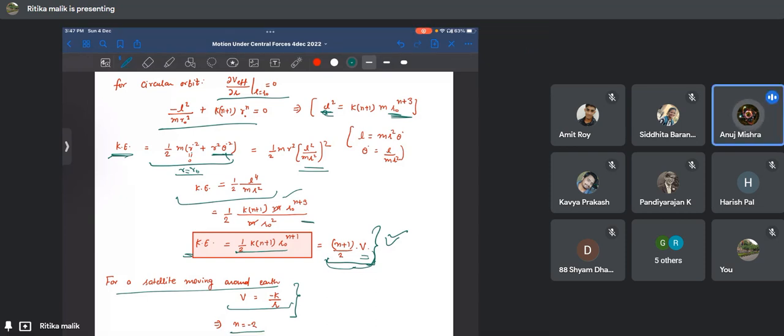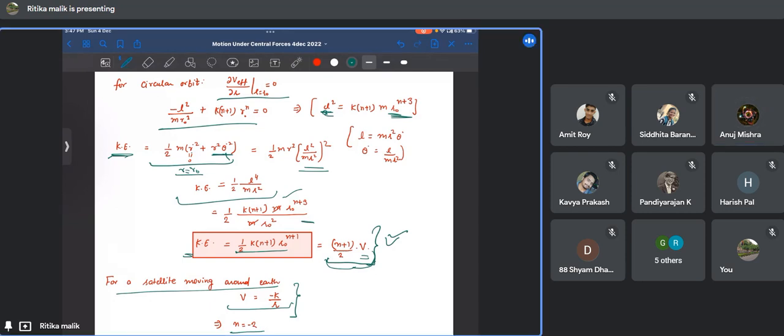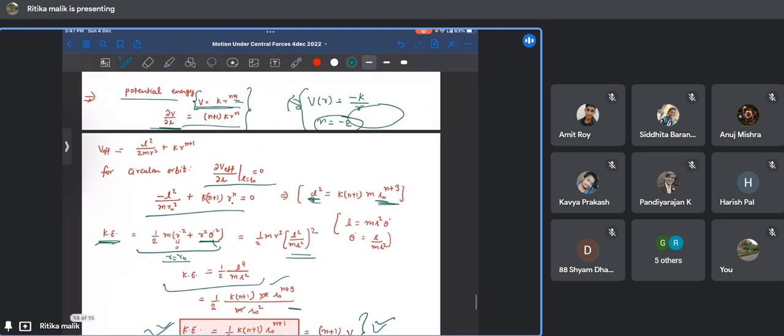Do we know the value of the potential energy beforehand, or do we just take it casually? We can simply use that formula directly for any potential if it has a simple form.